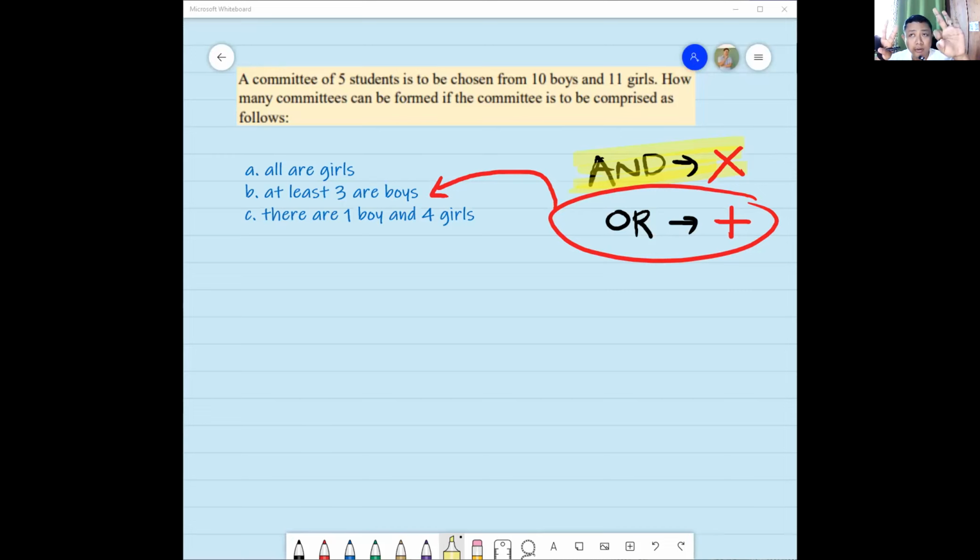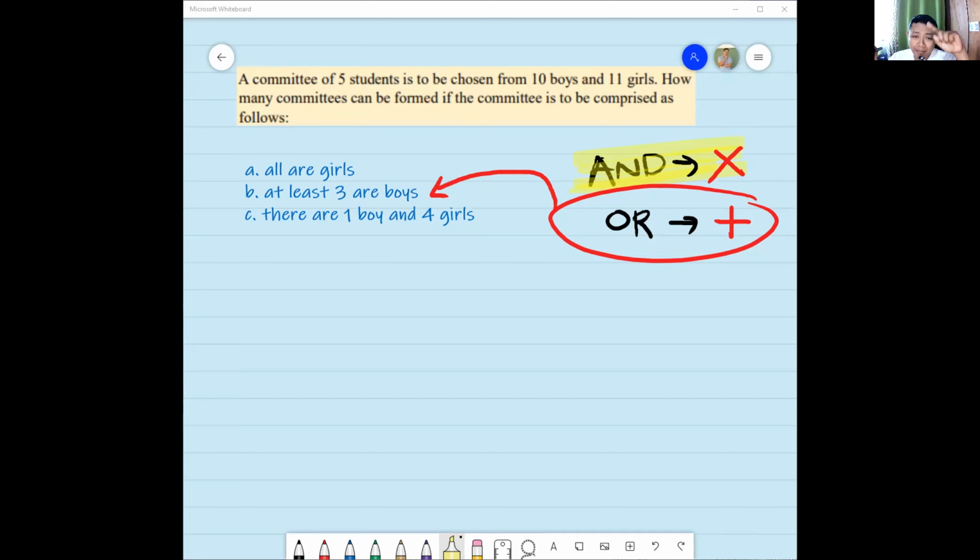Or possible na 4 boys, 1 girl. Can you follow? Or it's possible na 5 boys lahat. So there are 3 options na pwede nating paglaruan. Can you follow? Or, dito na pumapasok yung "or" natin.